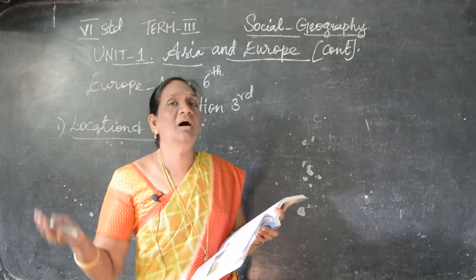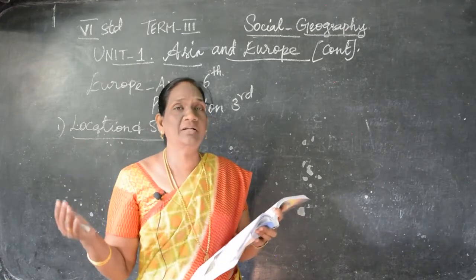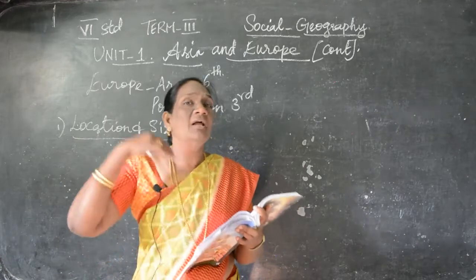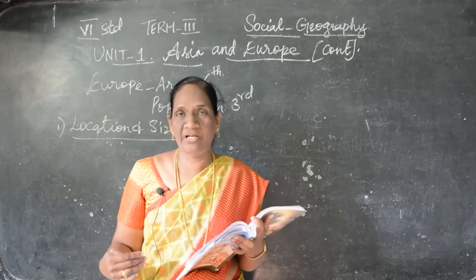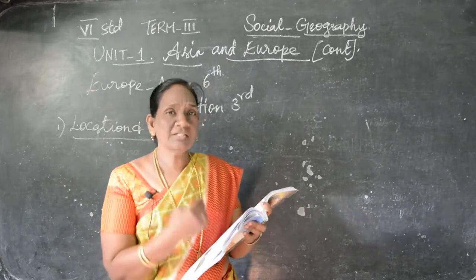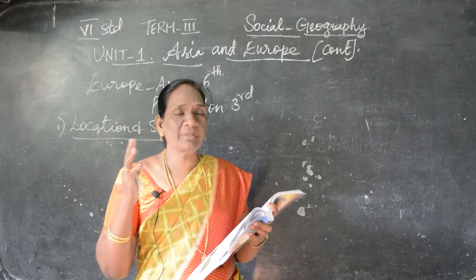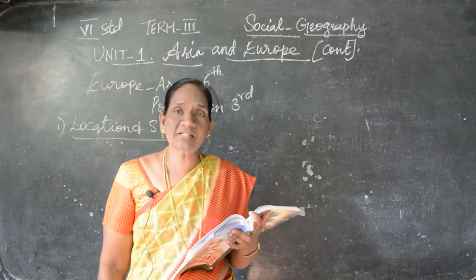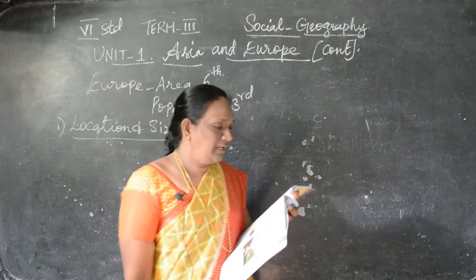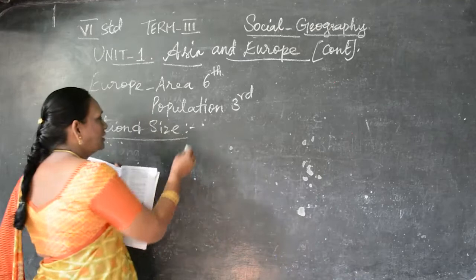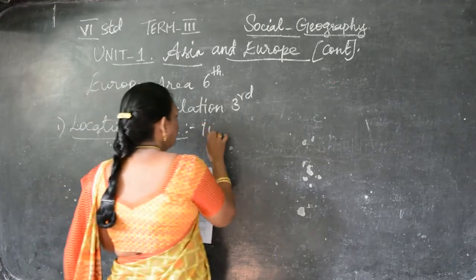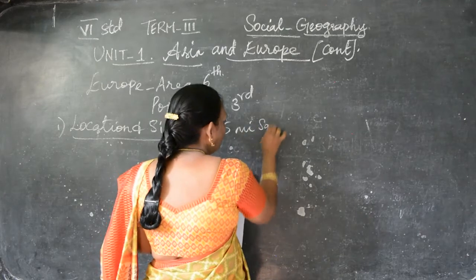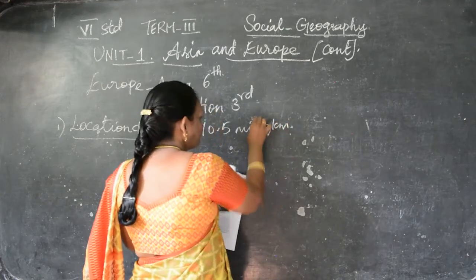We all know the earth is divided into 4 hemispheres: eastern, western, northern and southern. Like Asia, most of Europe is in the northern hemisphere, and it covers an area of 10.5 million square kilometers.